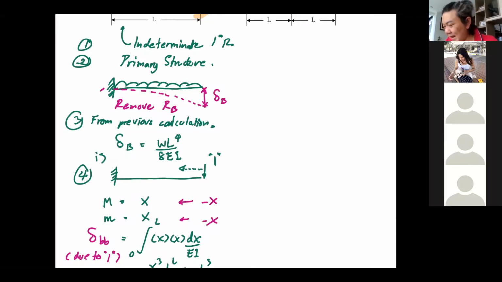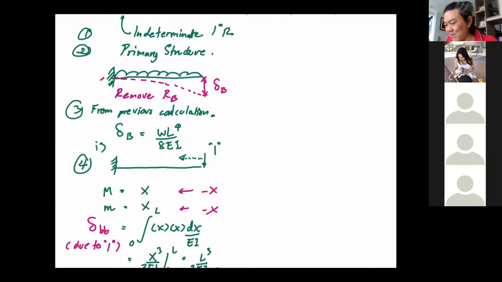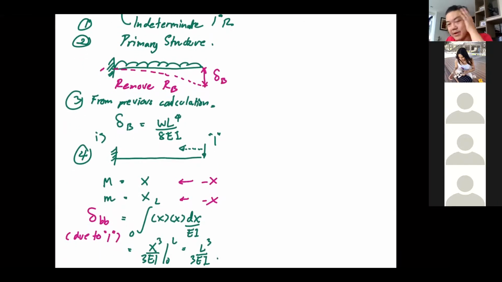I try to leave the space on the right for that, but I don't mind now. I'm going to write here. This is your actual load now. So 1 becomes the actual load.